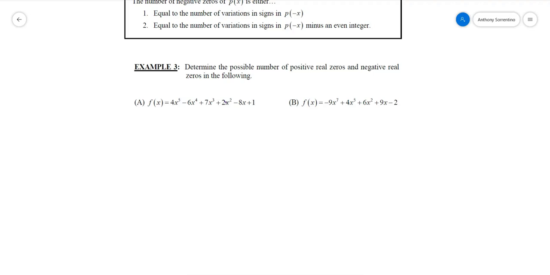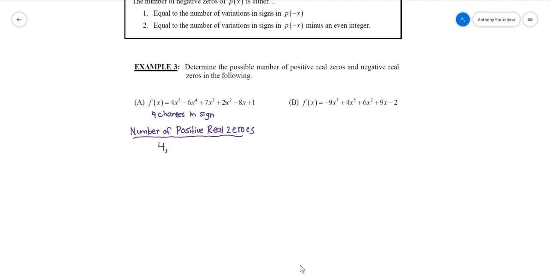And then I go to the plus 1, which is a fourth sign change. So f of x had 4 changes in sign. That means the number of positive real zeros is going to be either 4 or that number minus an even integer.